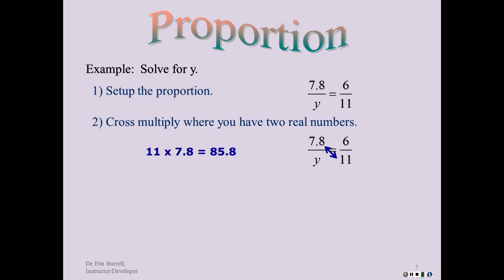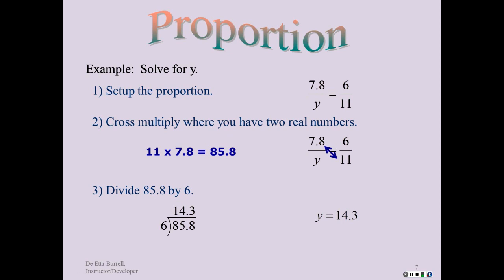And then what do I do with the 85.8? Divide that by 6. So 85.8 divided by 6 gives me 14.3. So y is equal to 14.3. And I can just substitute 14.3 where y is and do my cross products to make sure that they're right. So you can check your answers.